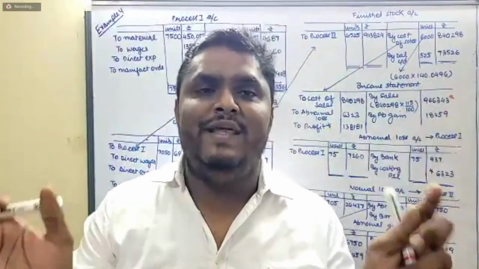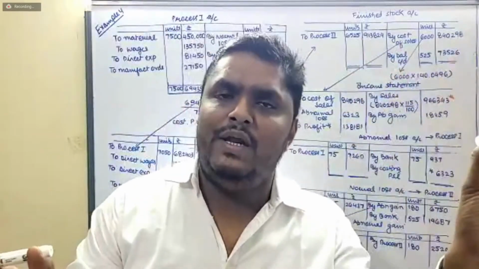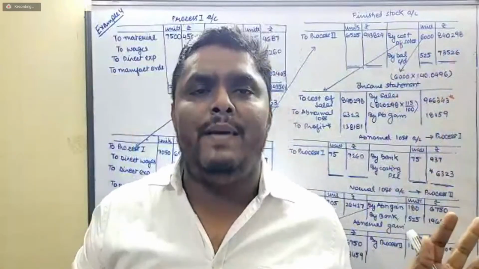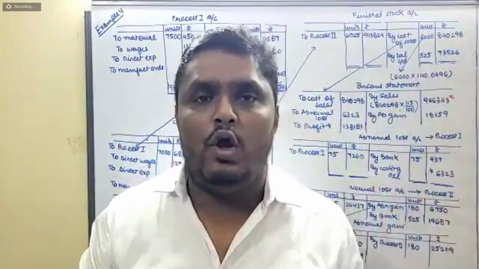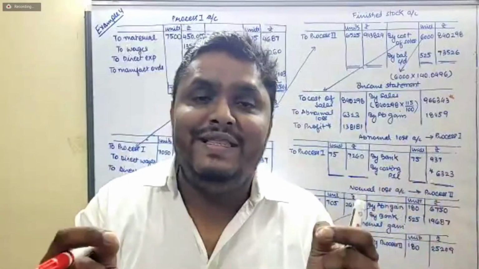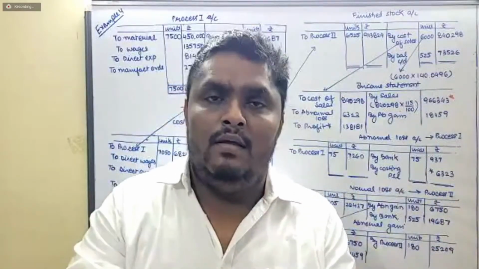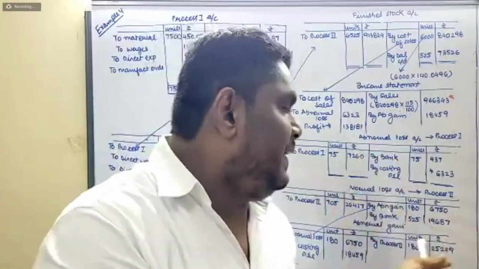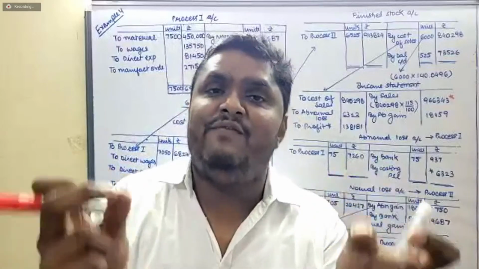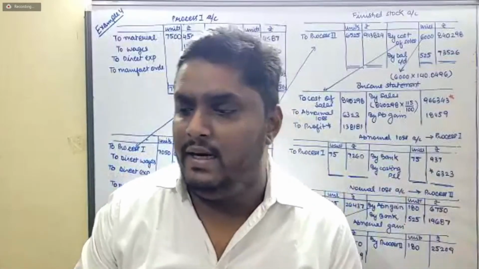No rocket science, it's very simple. The process account comes on the debit side and the bank comes on the credit side. There will be no adjustments in the process first normal loss account. But when there is an abnormal gain, then it is necessary to prepare the normal loss account, because the balancing figure is to be transferred to the abnormal gain account.